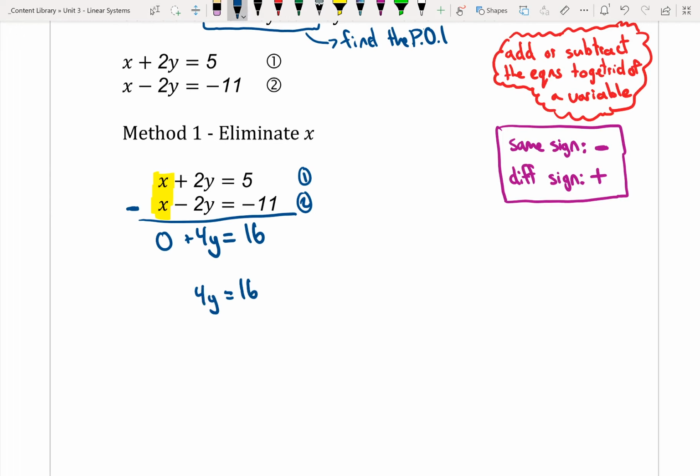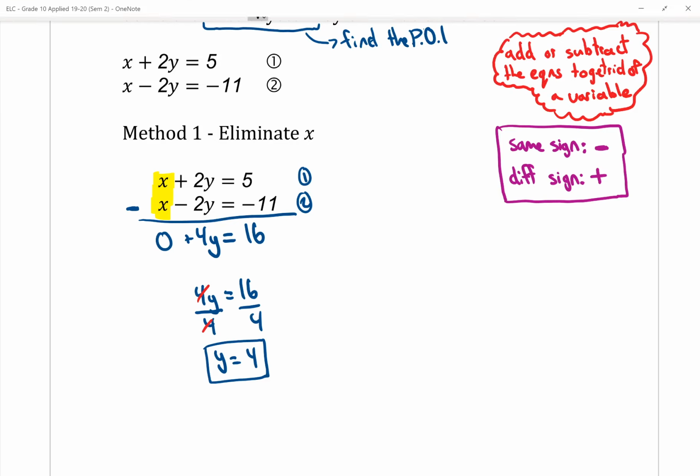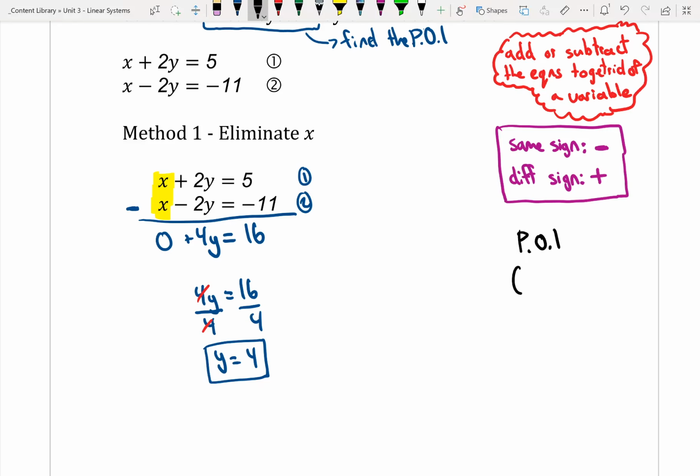To get y by itself, I'm going to divide by 4, divide by 4. One side cancels out, and I'm left with y equals 4 as my final answer. Again, remember, we're trying to find the point of intersection. So the POI, we know from our last note, is just a point. Right now, I know that the point has a y value of 4.